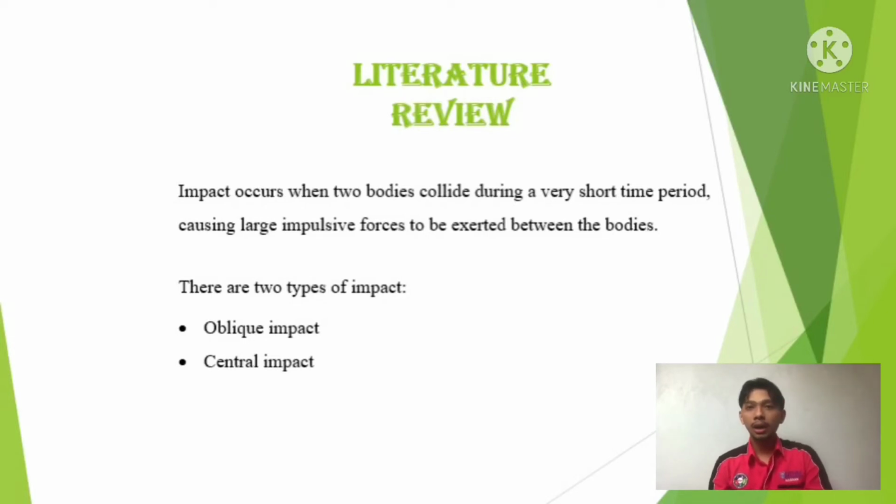In general, there are two types of impact: oblique impact and central impact. Oblique impact occurs when the direction of motion of one or both of the particles is at an angle to the line of impact. Central impact occurs when the directions of motion of the two colliding particles are along the line of impact.